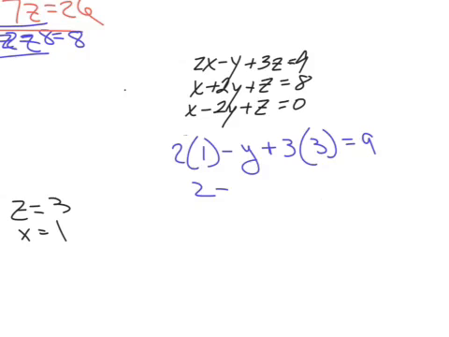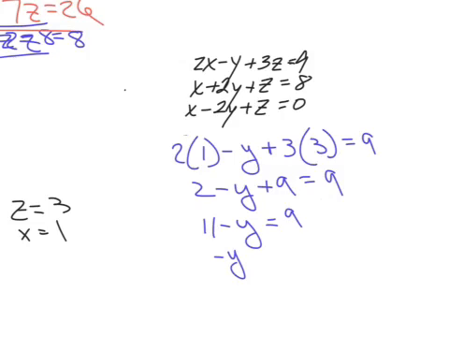So we have 2 minus y plus 9 equals 9. And 2 plus 9 is 11. Negative y equals negative 2. And then we just switch the signs. And we have y equals 2. And we just found all 3 variables.